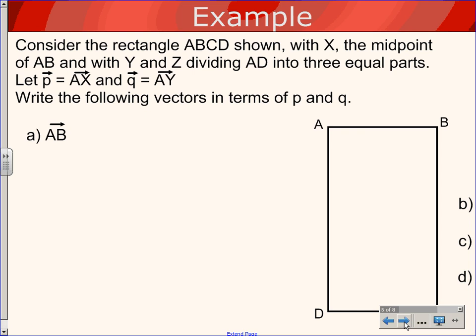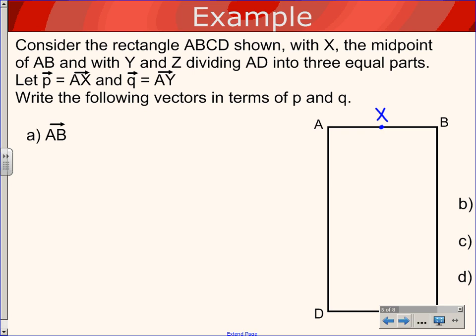Okay, consider the rectangle ABCD shown with x, the midpoint of AB. I can put that on right now. There's x. And with y and z dividing AD into 3 equal parts. So I hope you can picture what I mean by that. Point x was the midpoint of AB.